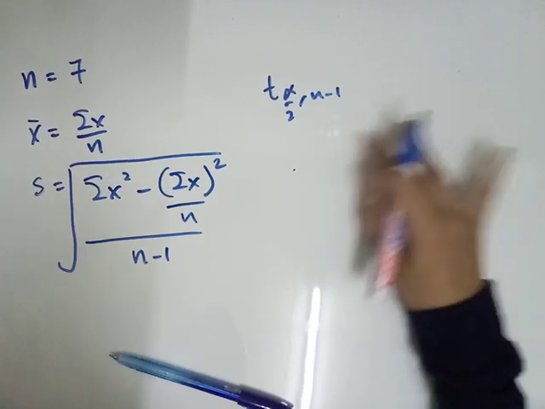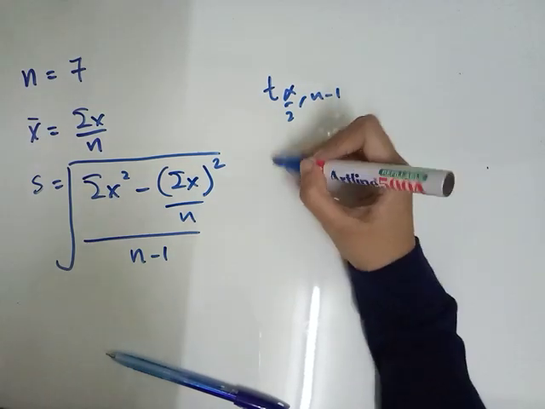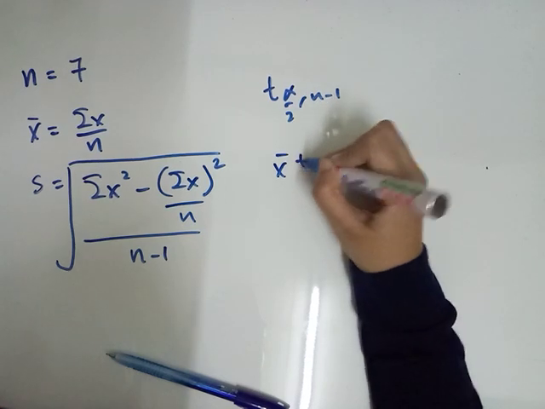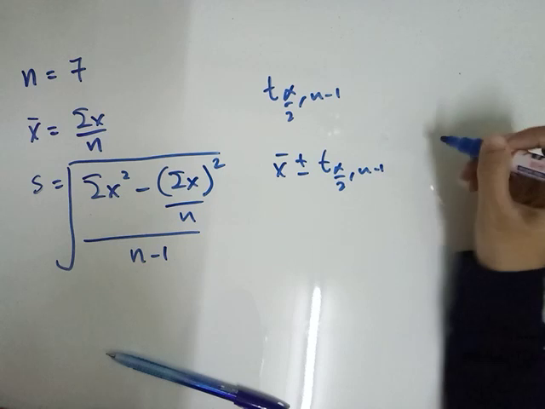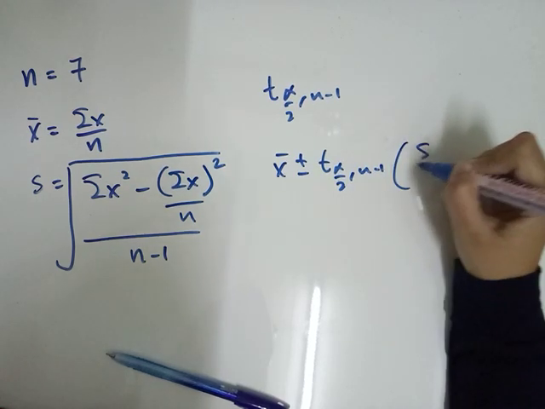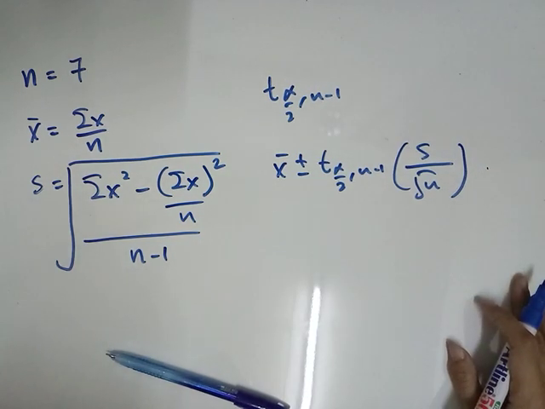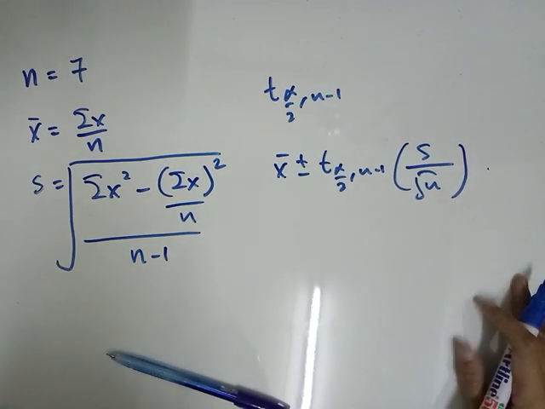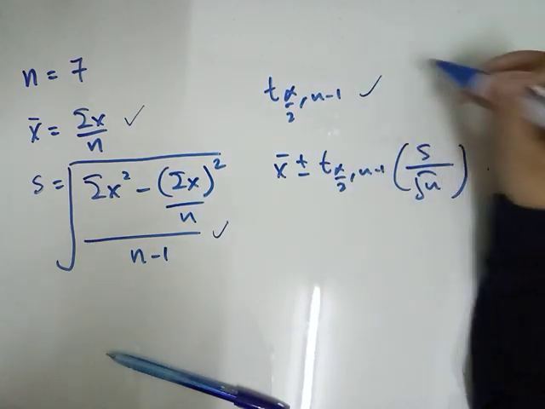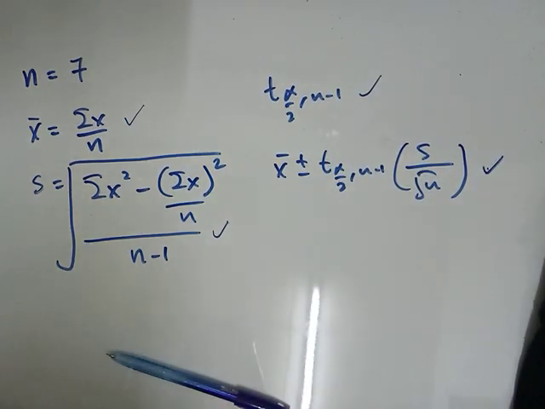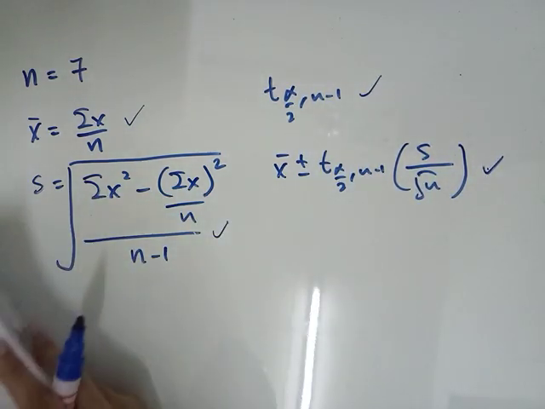And then the last step, to find the population mean, we have to use x bar plus minus t value alpha over 2, n minus 1, times the standard deviation of the sample divided by square root n. Do you understand? You have to do the first step, second step, third step, last step. Try doing it on your own, and later we will discuss in WhatsApp.